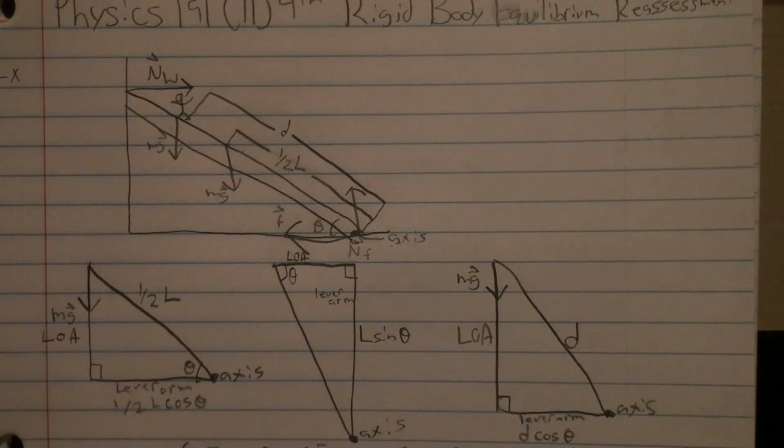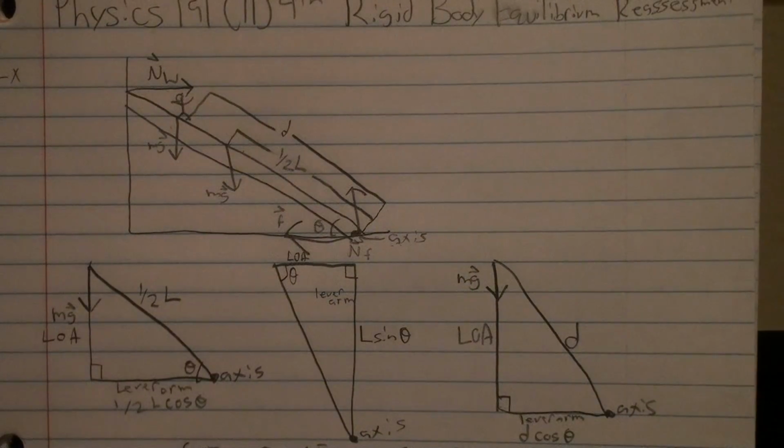Capital M is equal to 60 kilograms and the smaller m is equal to 15 kilograms, for the masses of the person and the ladder, respectively. The weight of the ladder acts at the ladder's center of gravity, which is the ladder's midpoint since it's uniform.